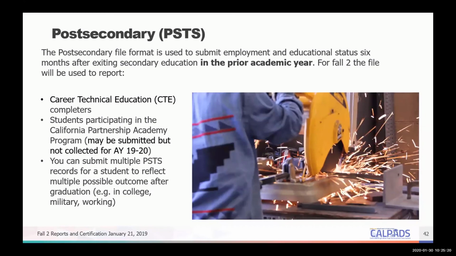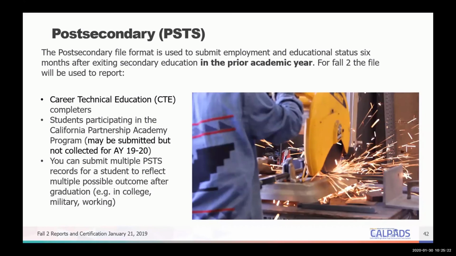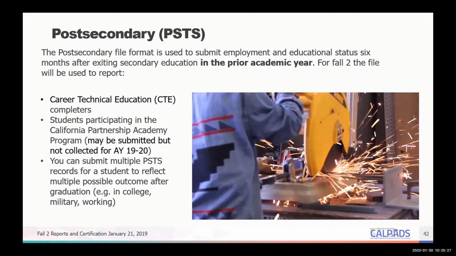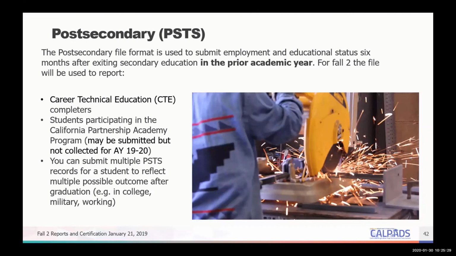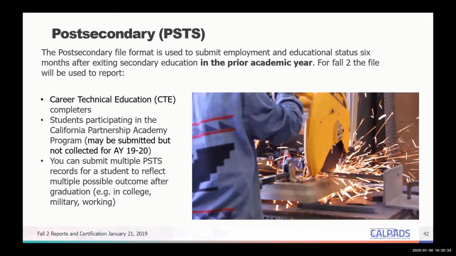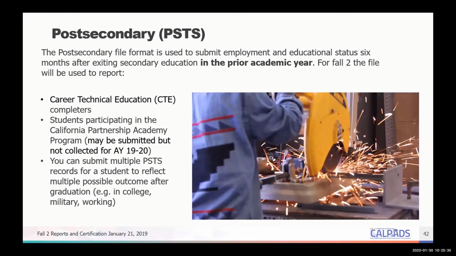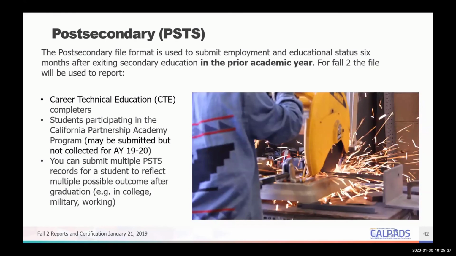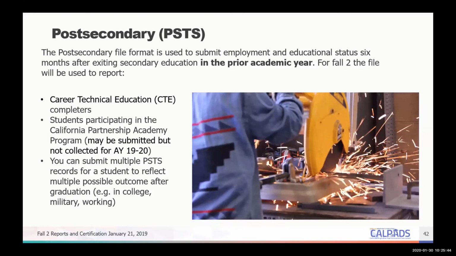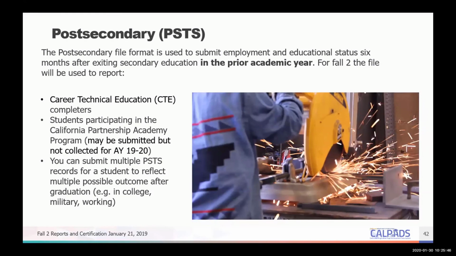So, can you repeat that point again about when they completed the CTE program? I think we had a question earlier that asked if we were only reporting completers for this year. Yes, anyone who completed a CTE pathway during their 4-year enrollment at any California high school will be reported.